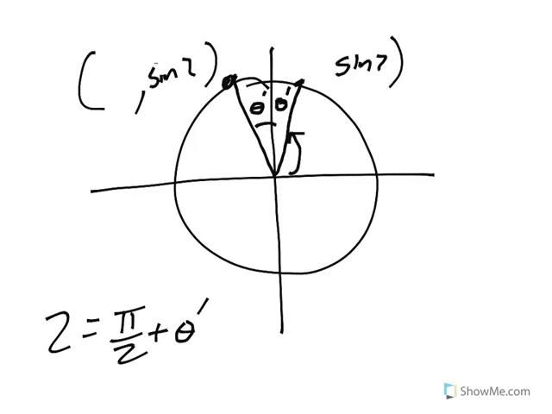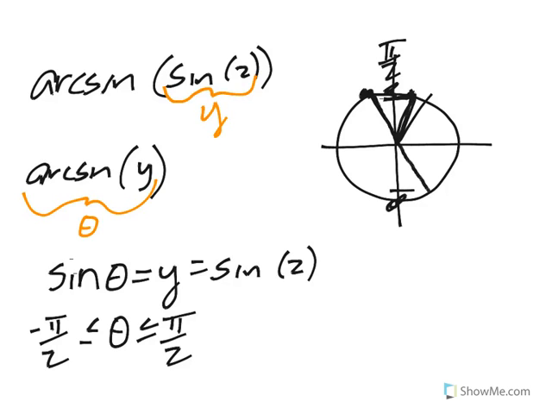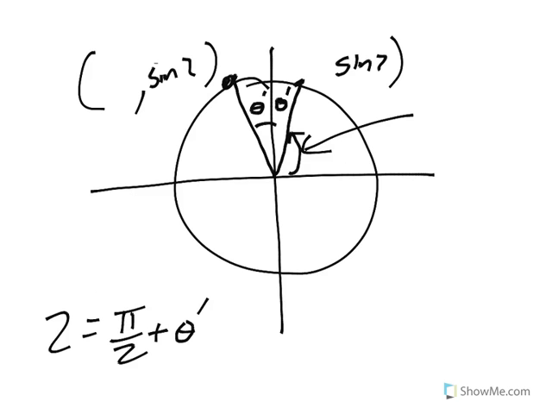And this angle that we're looking for, this guy, because remember, this arcsine of sine of 2 is this angle, the arcsine of the sine of 2. And so what we know about that is that thing is π/2 minus this reference angle.